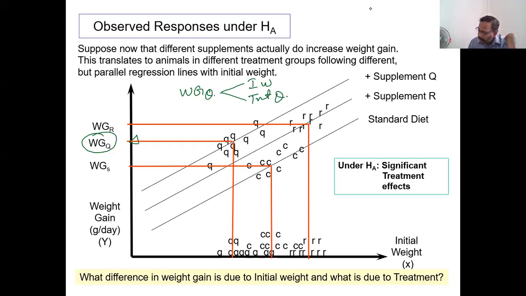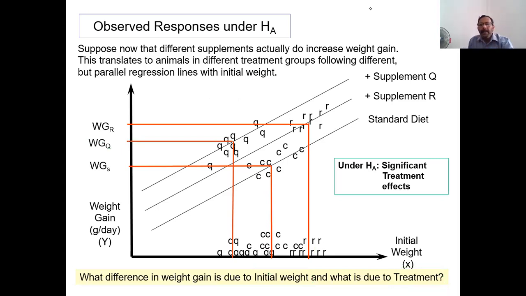So that is what we say: what difference in weight gain is due to initial weight, and what difference is due to the treatment. This is true for all cases, not only for weight gain of Q; it is true for weight gain of R, and it is true for weight gain of standard diet. Right.